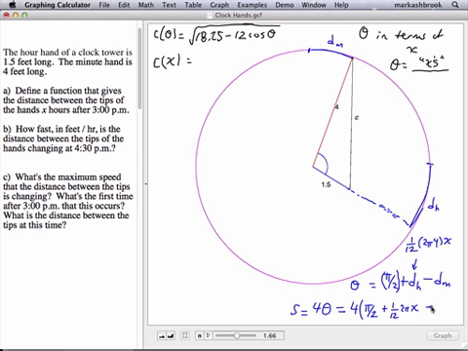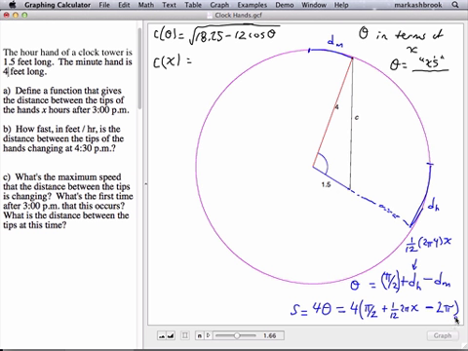What about the distance that the minute hand covers in 1 hour? Yeah, the angle, it makes 1 full rotation every hour. That's right.